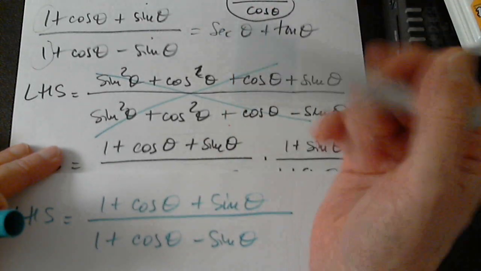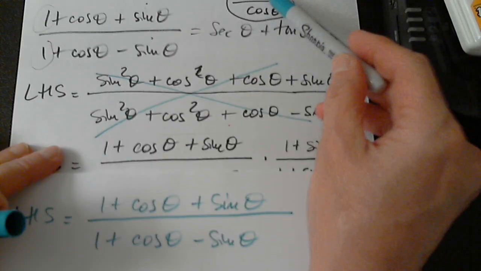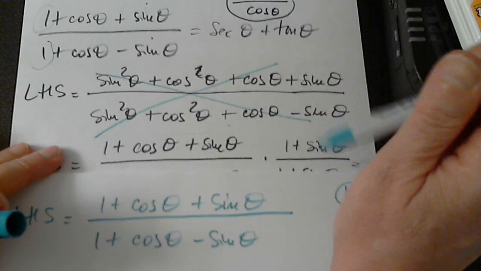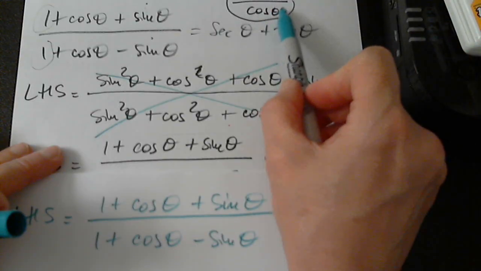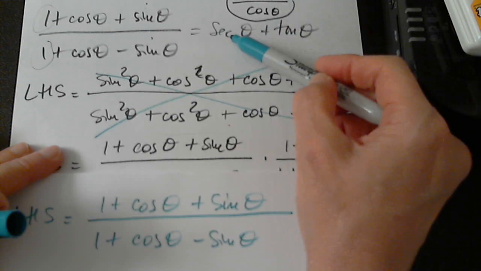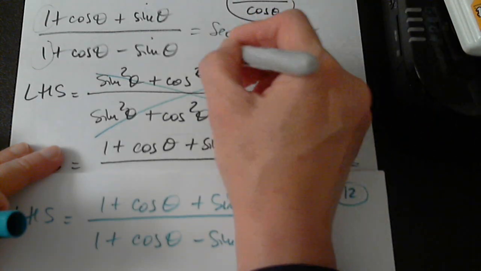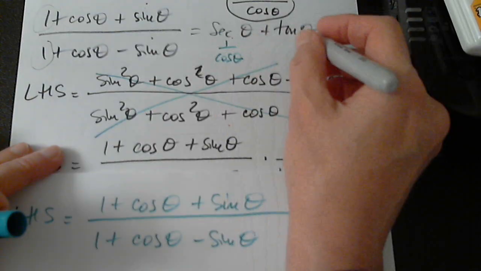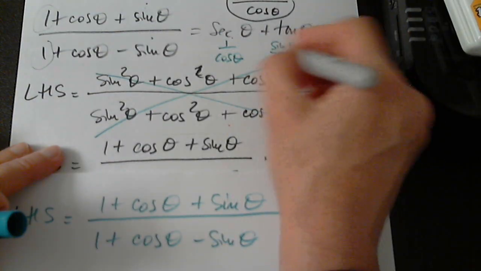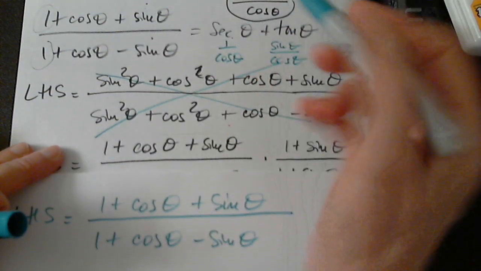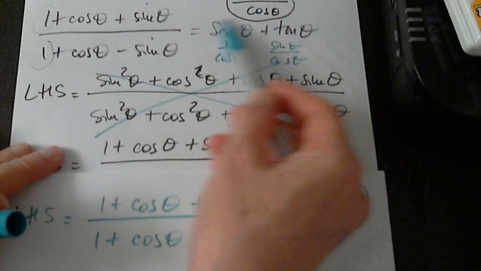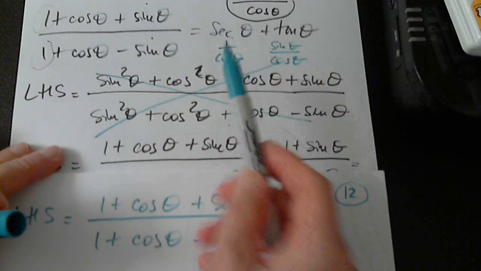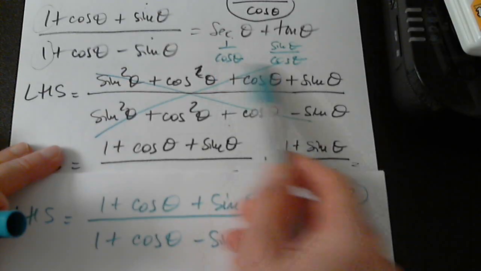Now, how did I come up with the idea of multiplying top and bottom by 1 plus sine theta? In a way from here. Because secant is 1 over cosine, and this is sine over cosine. So the simplified form of secant plus tangent is 1 plus sine over cosine.